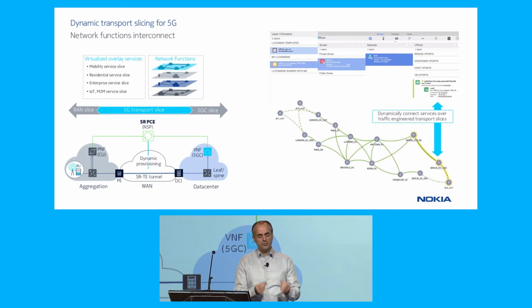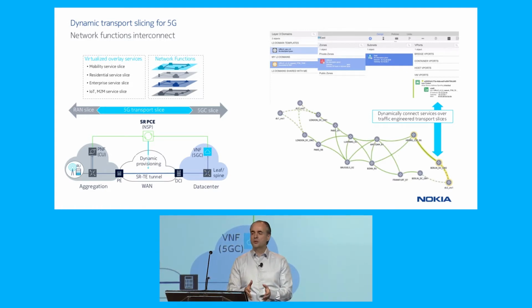With NFIX, we're basically taking wide area networking technologies, segment routing MPLS is our proposal here, and we're extending that all the way into the edge cloud environment, which means segment routing MPLS starts from the leaf to which the VNF connects to the network. And that leaf could be a physical leaf, it could be a ToR switch.